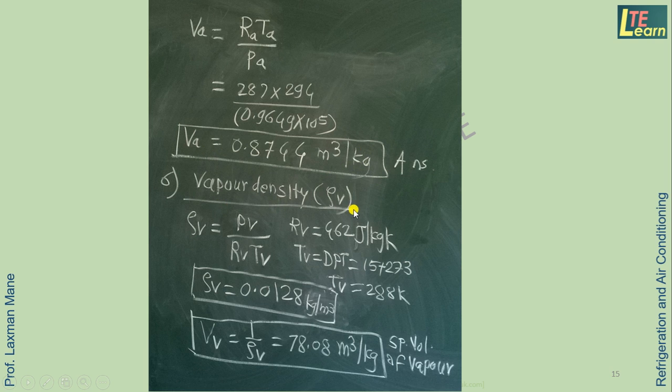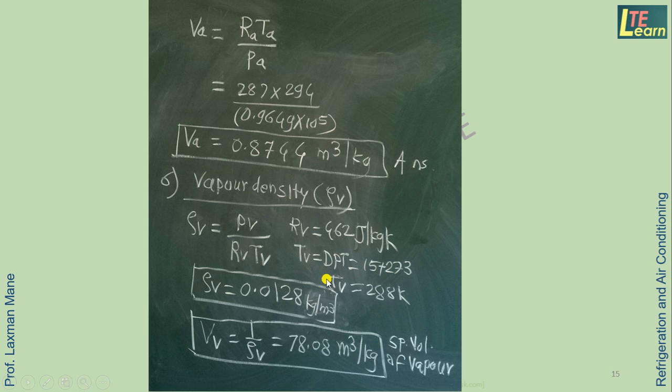Last one is vapor density, that is rho v. Its formula is PV upon RV TV. In this case, PV is already calculated. RV means the gas constant for vapor, which we take as 462 joule per kg Kelvin. TV means temperature of vapor. So for dew point temperature, here 15 degrees Celsius, adding 273, we get temperature in Kelvin.